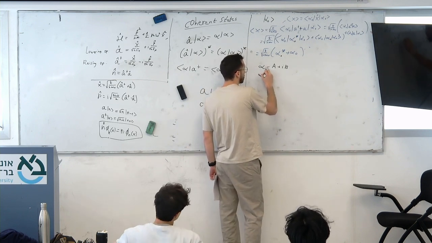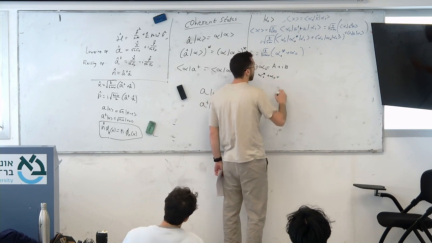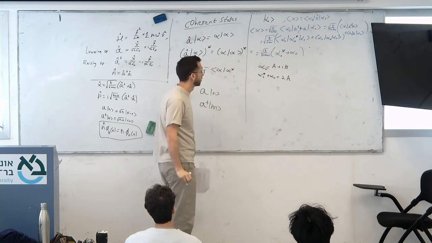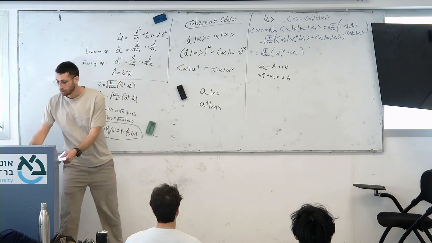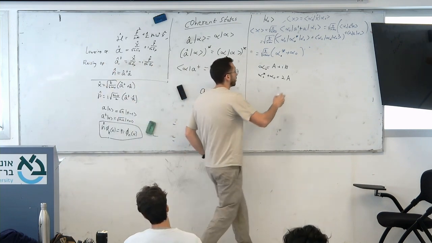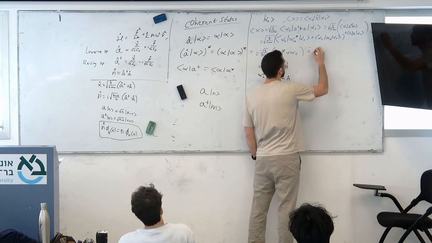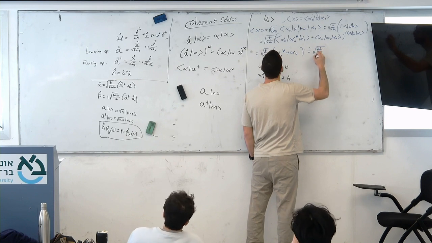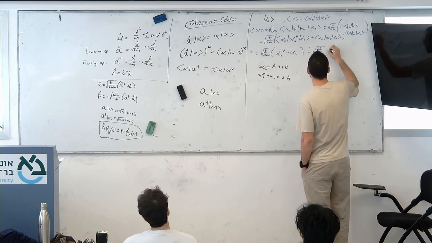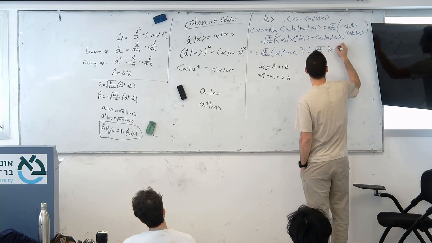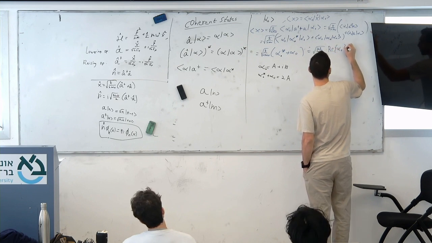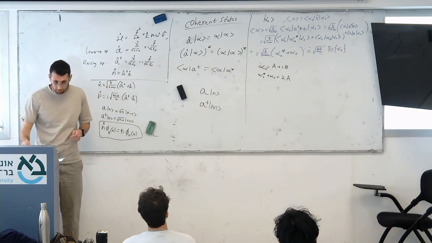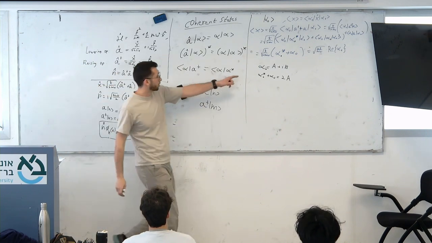Then alpha naught conjugate plus alpha naught is equal to 2A. This is equal to square root of 2h bar over m omega times the real part of alpha naught. I put the 2 in the square root.